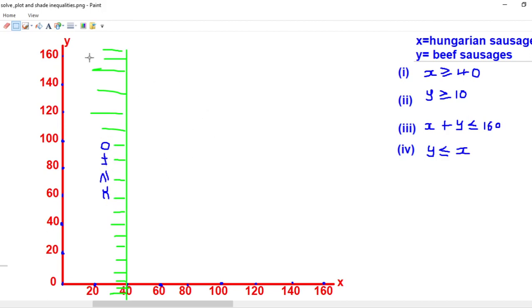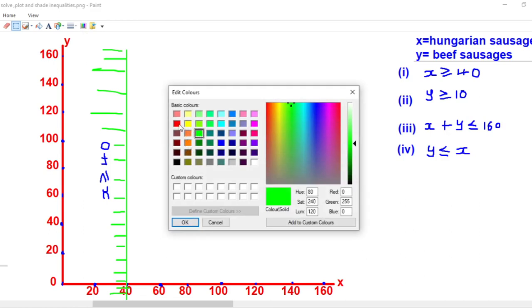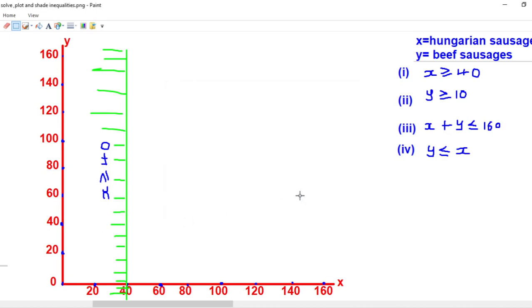Good. Now let's change the color and shade the other one. Why don't we use a blue one, or this one, orange. So we can now get the line.